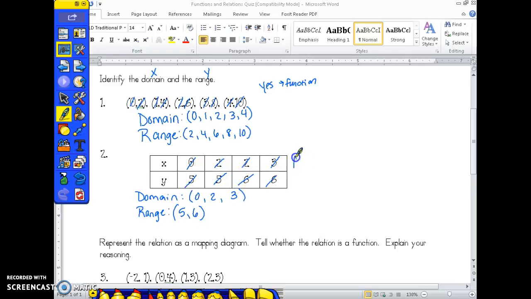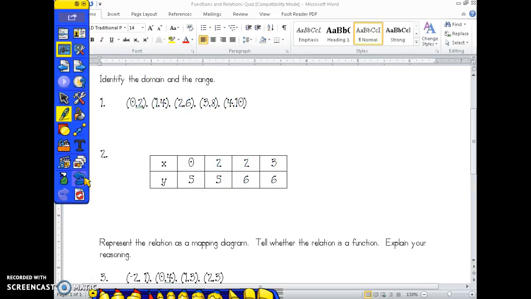This is not a function because 2 is paired with 5 and 2 is also paired with 6. Since the X coordinate repeats and goes to 2 different Y's, it is not a function.